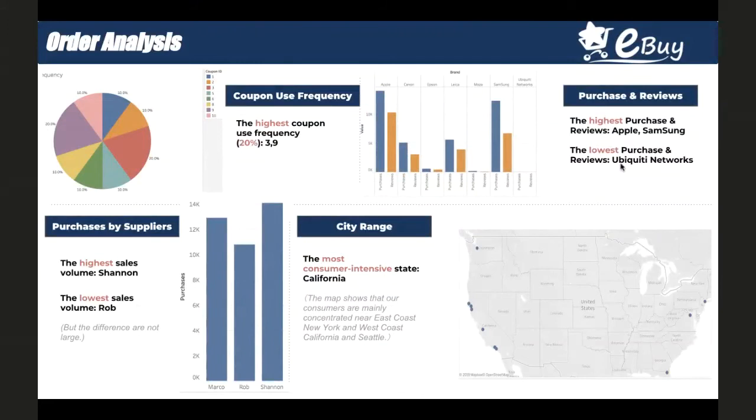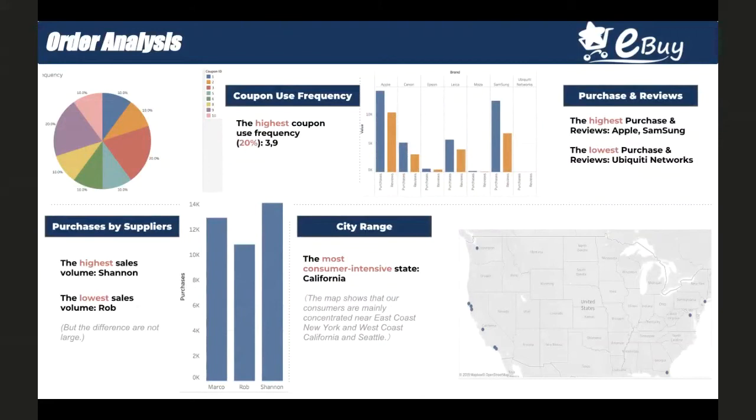And we analyze the purchases and reviews by order, and we can see that the highest purchase and review orders by brand are Apple and Samsung, and the lowest purchase and reviews is Ubiquiti Networks.